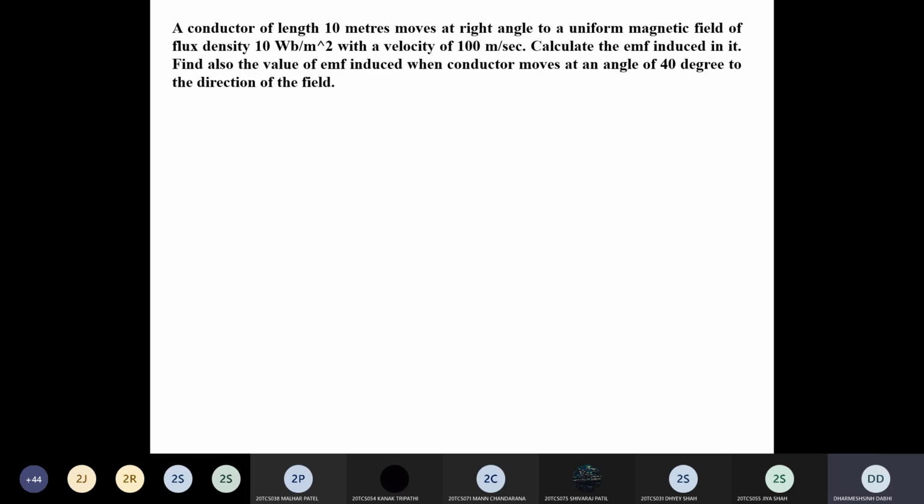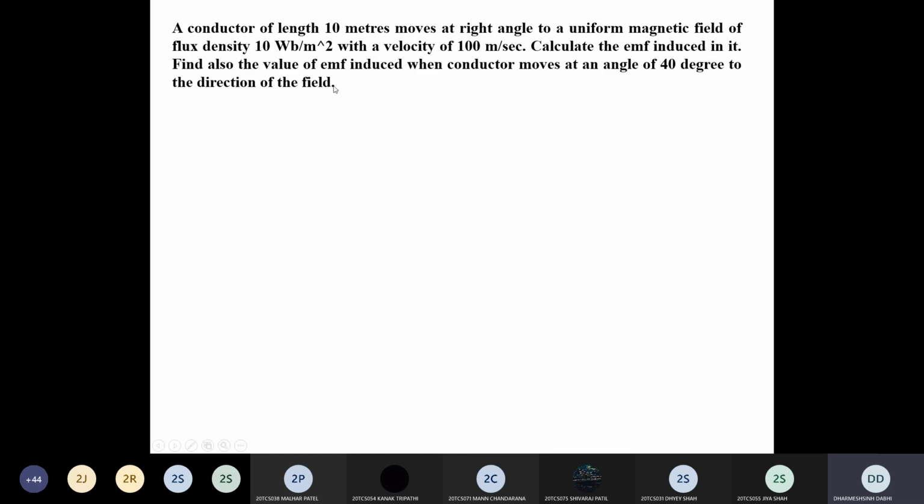So now write down this example. I give this example for your homework. Simply apply this equation and calculate the value of induced EMF. A conductor of length 10 meter moves at right angle to a uniform magnetic field of flux density 10 Weber per meter square with a velocity of 100 meter per second. Calculate the EMF induced in it.